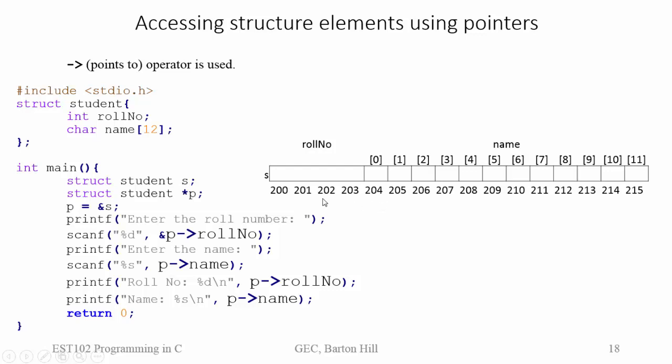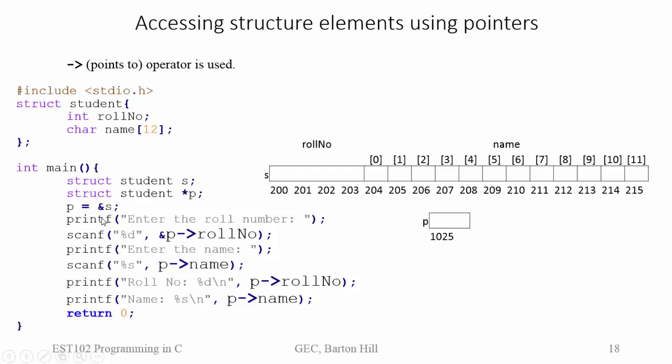For the time being I'm just considering the memory allocation like this. Then I am executing the statement struct student *p, which means p is a pointer capable of pointing to type structure student. Memory will be allocated for p. Assume it is allocated at address 1025.